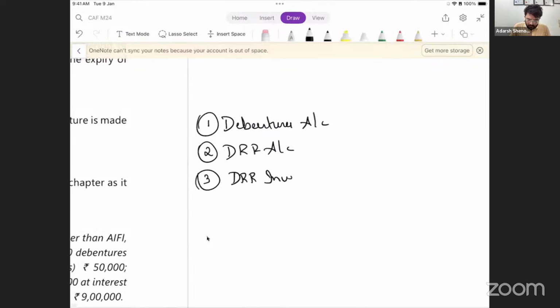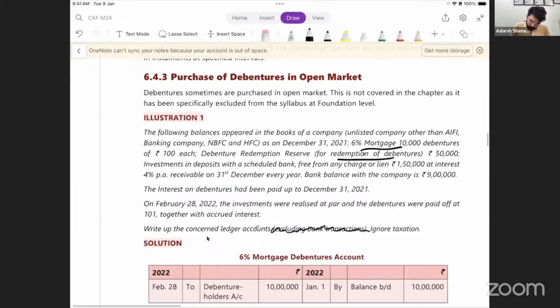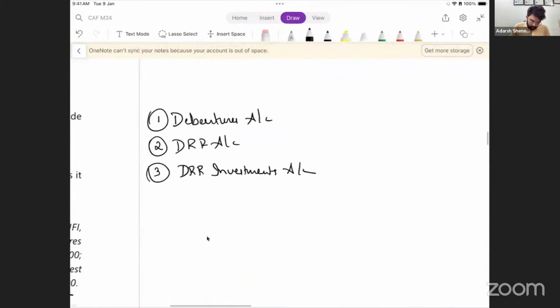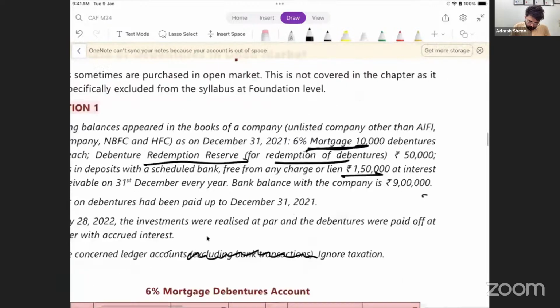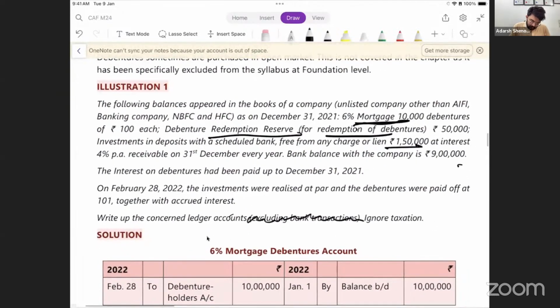DRR investments is there. So DRR investments will be needed. They have given a debenture account, DRR account is needed, DRR investment they have made, that is needed, and bank balance, so a bank account has to be made. So this much we will have to do. In addition to this, see this, interest on debentures had been paid up to 31st December 21.